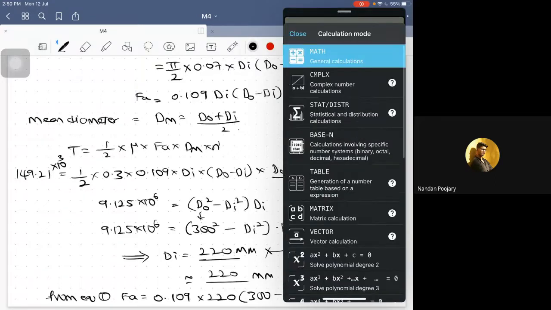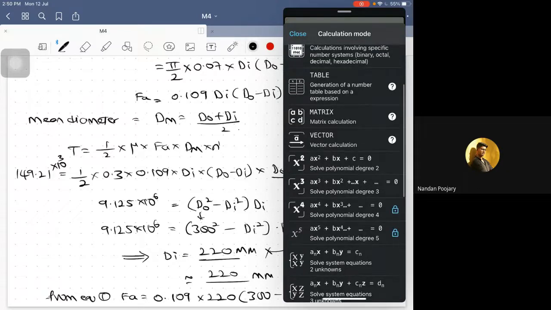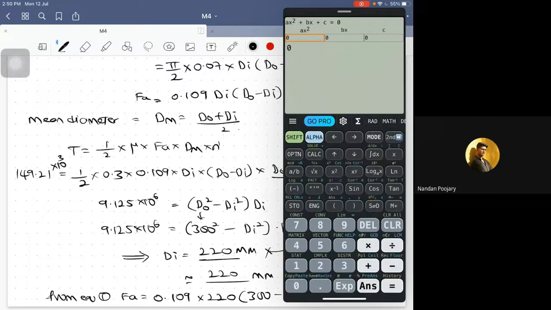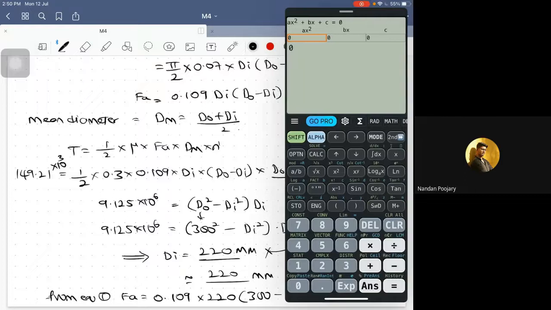Mode, equation, fine. So ax square plus bx plus c, very good.